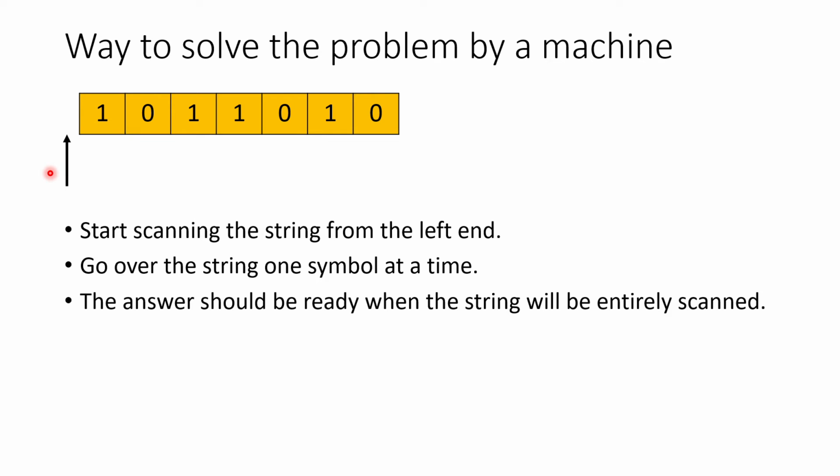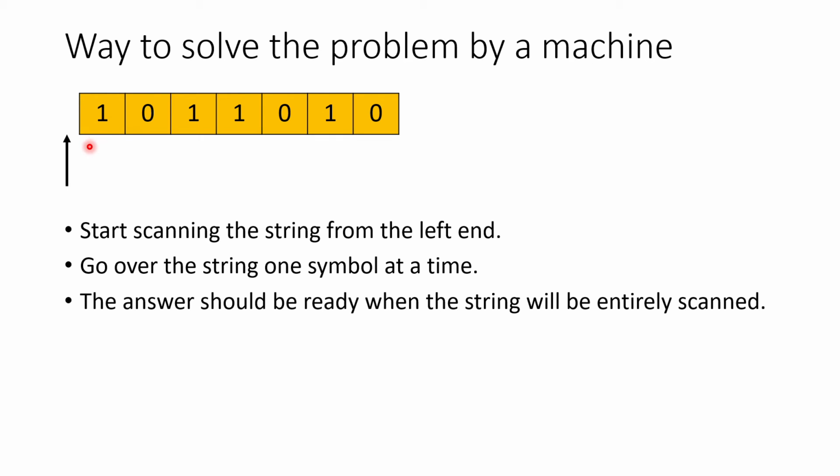We do not care about the number of ones, because the language that we are considering for acceptance in the finite state machine doesn't care about the number of ones, it cares about the number of zeros only. So that's why we will look only at zeros, not ones.